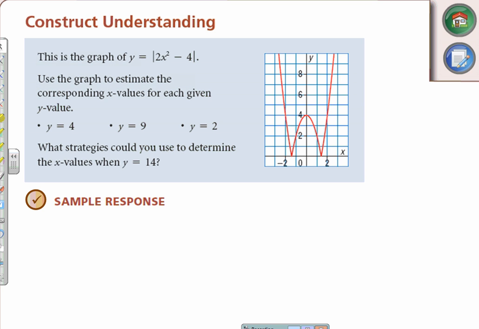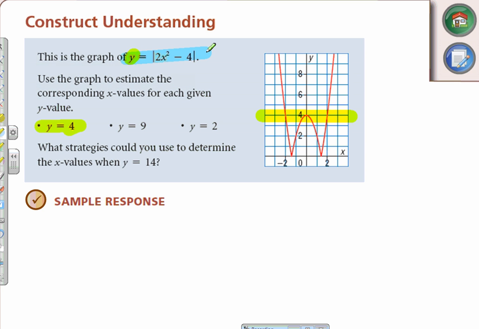Now looking at what we're doing with being able to read a graph, being able to find out where the y value is equal to 4. Really what we're doing is we're making a line, y equals 4. We're going to find where the intersection of y equals 4 and the original graph is.